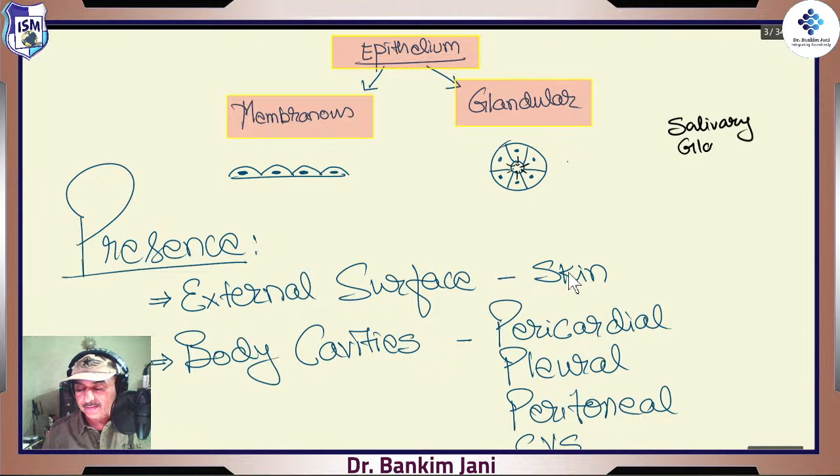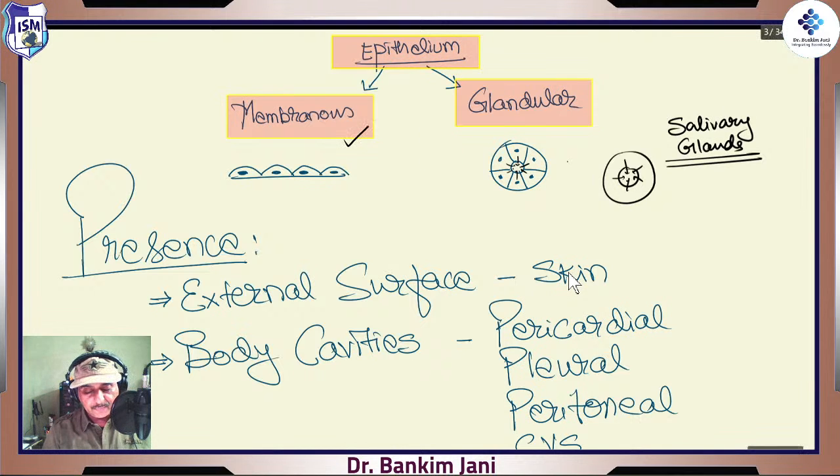They secrete saliva. There are various types of secretions, but these secretions are going into one cavity. Everyone is secreting inside like this. So such are called the glandular.